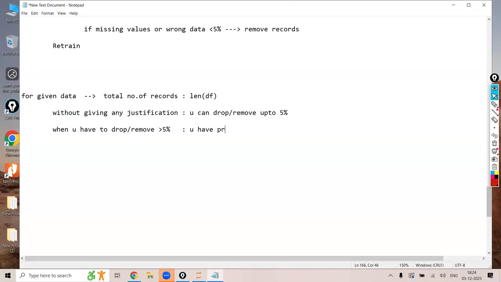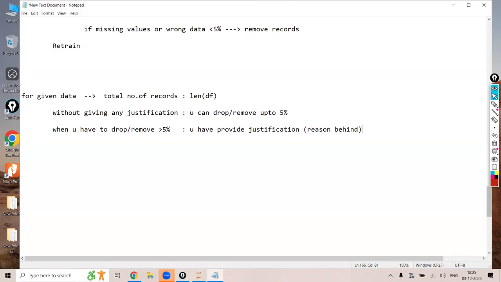You have to provide justification, means what is the reason behind. If you want to remove, you have to provide the reason. By providing the reason, you can remove.